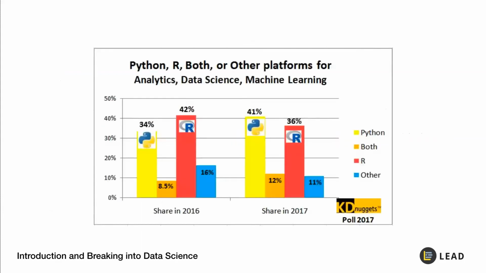Now, in fact, short answer, it doesn't really matter, right? It really depends on your background. Someone coming from a computer science background will find that Python is relatively easier. And if you're an academic or statistician who happens to have learned R during your uni or research time, then you may stick with R and only pick up Python later on, when you need some of the unique features, for example, integrating with web applications.